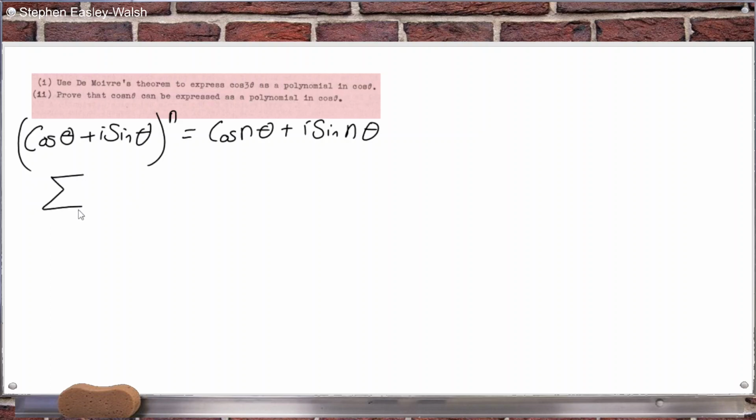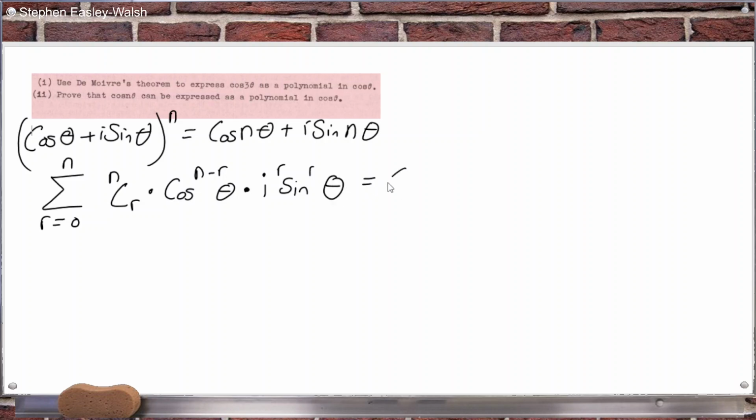So this is the sum from r equals 0 to n of nCr times cos to the power n minus r of theta, times i sine theta to the power r.